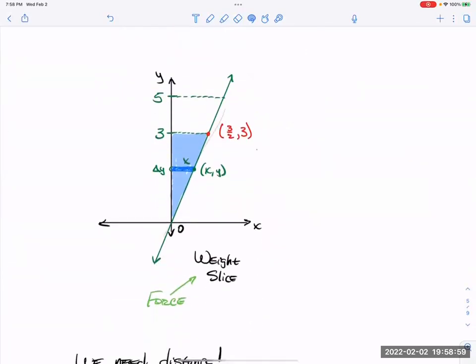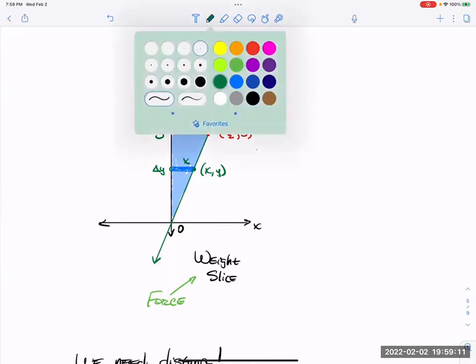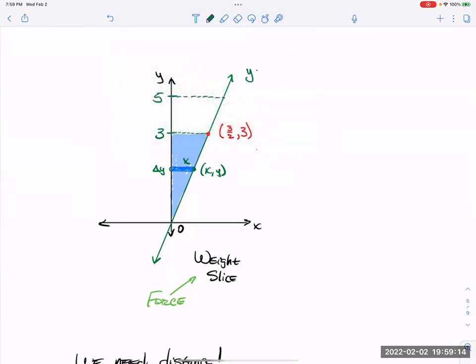So I have a function. Now I have an ordered pair right here. So now I know the slope of, this is a linear function, right? So this function would have an equation y equals mx plus b, but b is 0. What's the slope of this line? If this is 0, 0, I can see my change of y is 3, and my change of x would be 3/2.